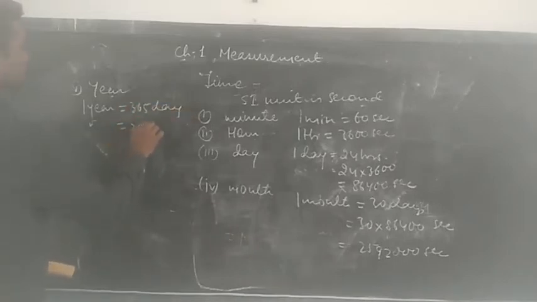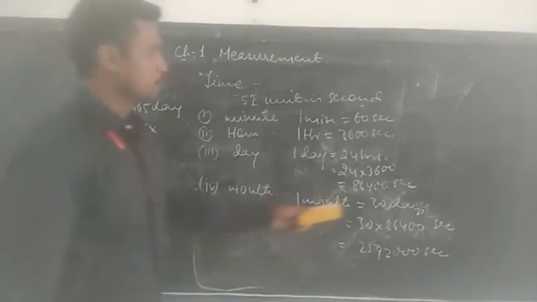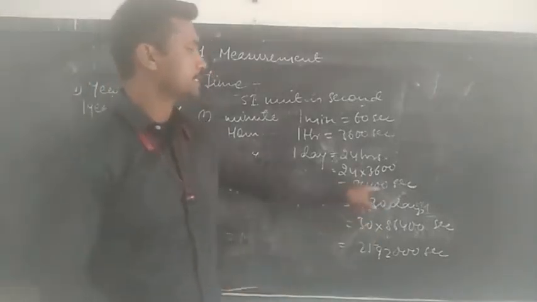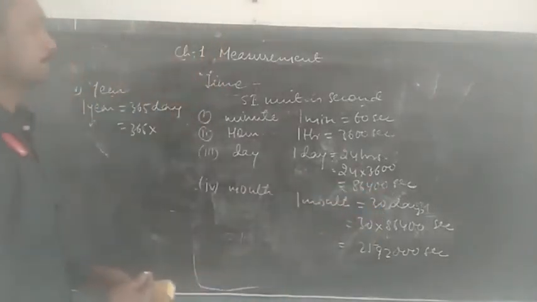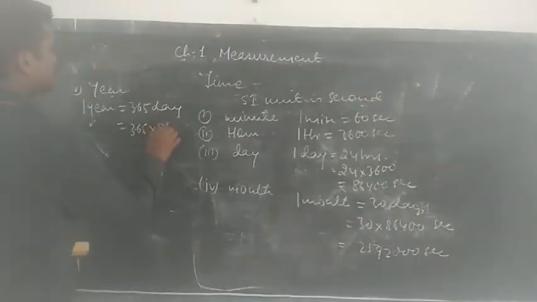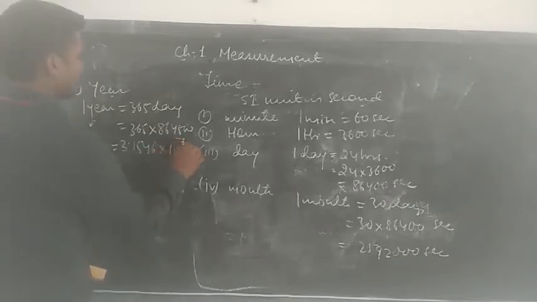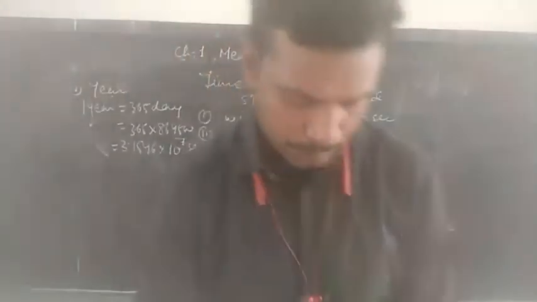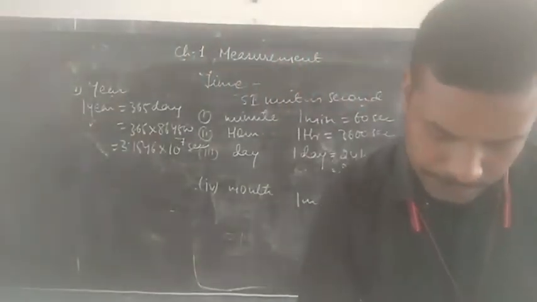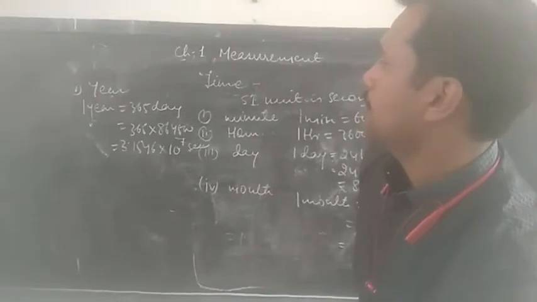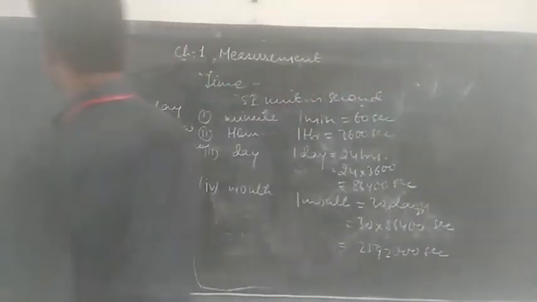Now 365 should be multiplied by 86,400 seconds. That gives 3.1546 into 10 to the power 7 seconds. This is the unit of time here.